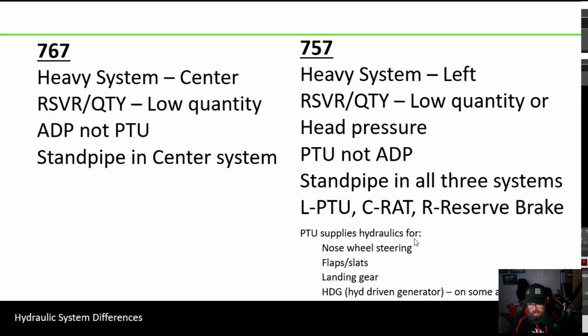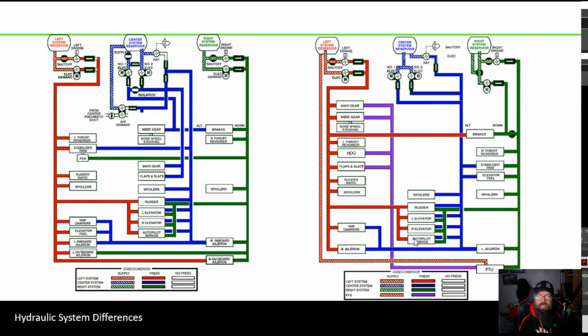Now, one thing I didn't really talk about when I showed you the schematic, and here, I'll just go back to the schematic real quick. The center system on the 7.6 has a standpipe. That standpipe is there to protect fluid loss. So, standpipe is located right here.